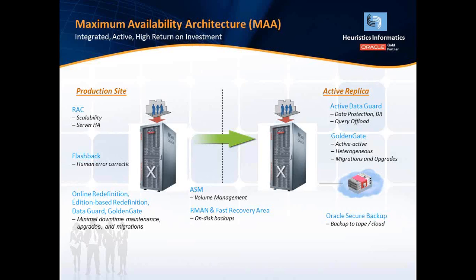The Exadata, in conjunction with the Oracle database and other software components, provides maximum availability features in the form of Active Data Guard or GoldenGate, which will allow you to replicate in near real time all of your production databases over to a remote standby location.